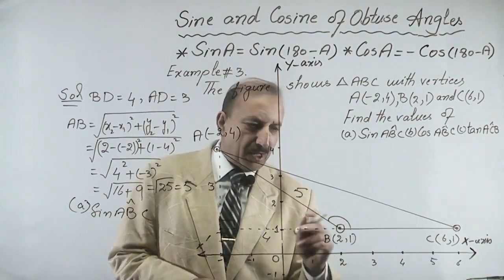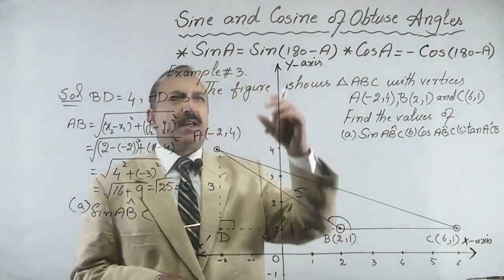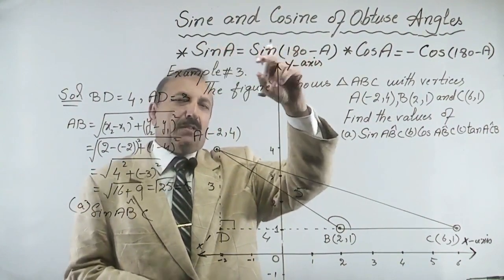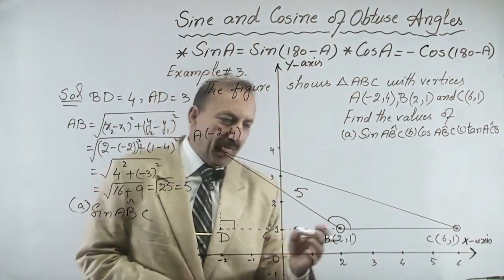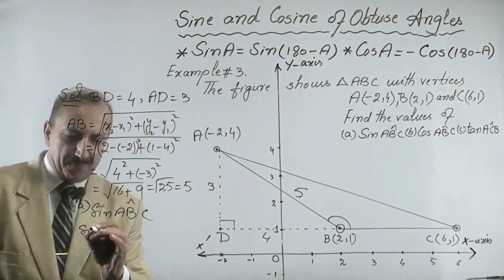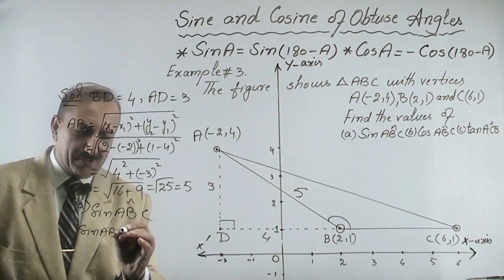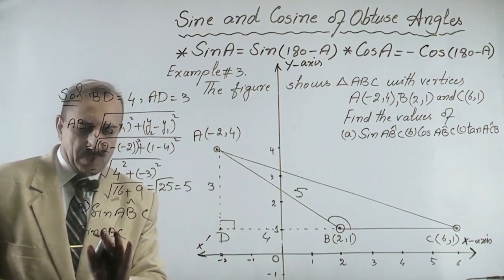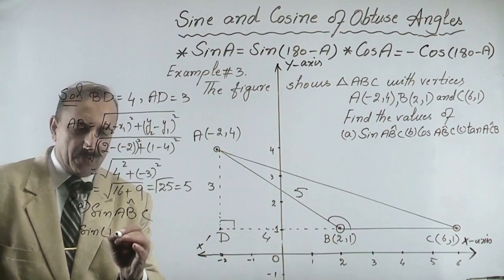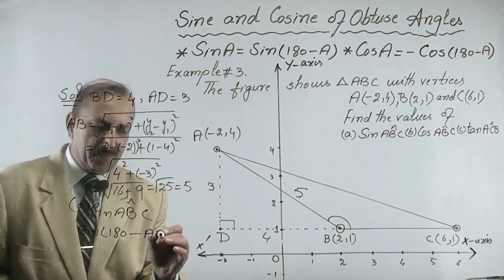To find the value of this, we will get help from the relation formula of acute and obtuse angles, and then we will substitute the values. This is sine of ABC. Let's convert it directly: this can be written as sine of 180 minus angle ABC.